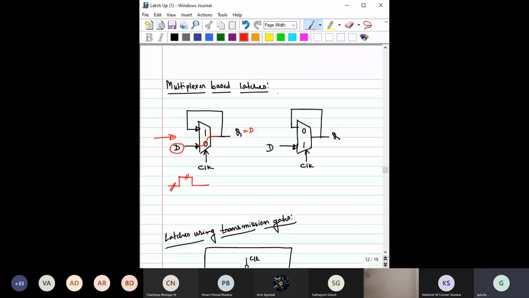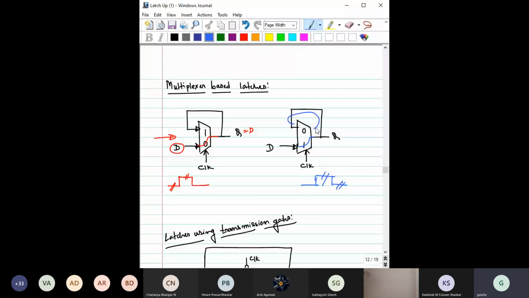Similarly, if you now look at the second one, when the clock is equal to 1, D is connected with Q, and when the clock is equal to 0, the output is connected with itself, so it will go into the hold state.